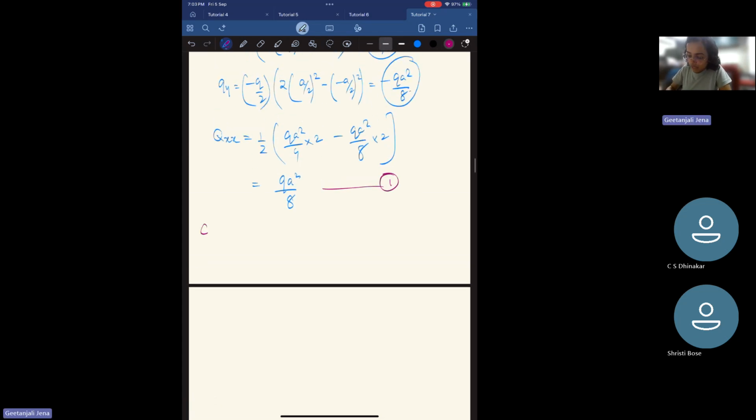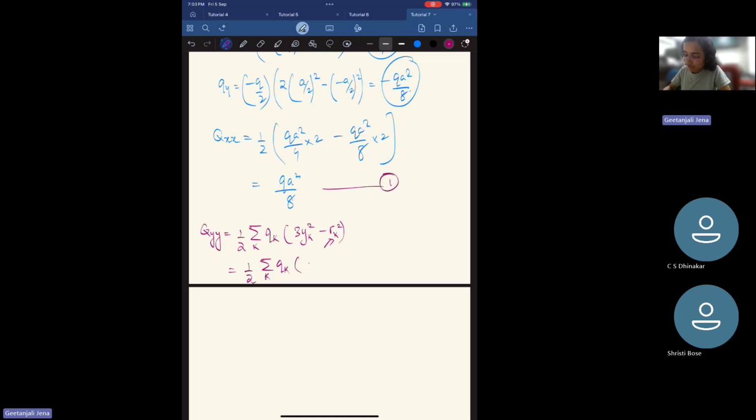For Qyy, now we'll have half summation over k of qk times 3yk squared minus rk squared. Rk squared we can take as xk squared plus yk squared.